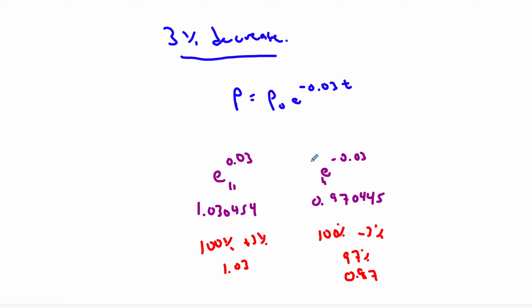Now, when we're talking money, which is the biggest and most popular example for discrete change. Discrete simply means we're talking about at a given time or interval.